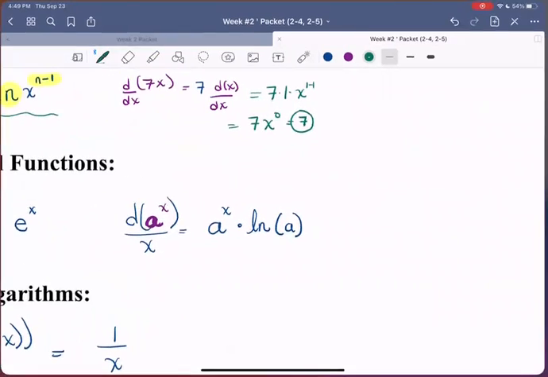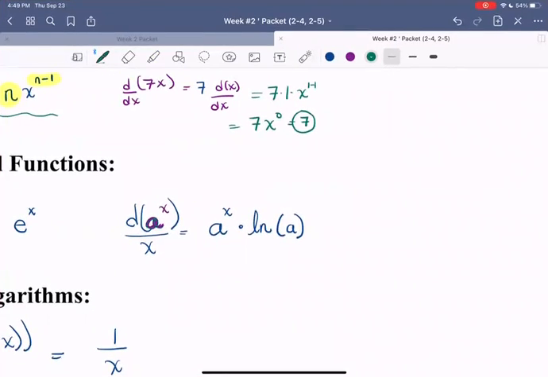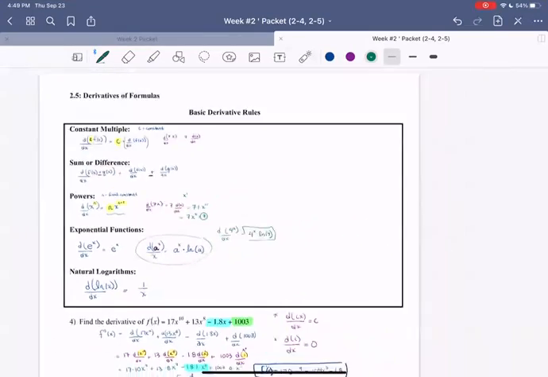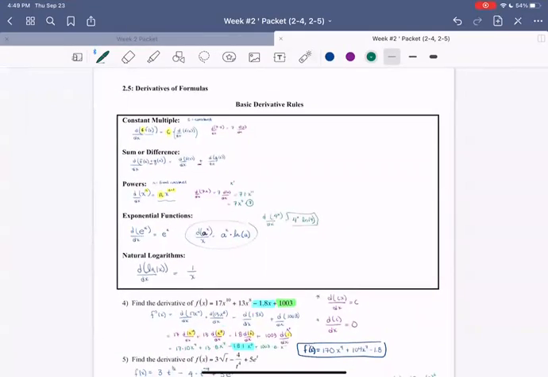When our base is a fixed constant and x is in the exponent, the derivative is a to the x times ln of a. For us, we had 4 to the x, so the derivative would be 4 to the x times ln of 4. I'm looking back at the basic derivative rules that we started this section with.